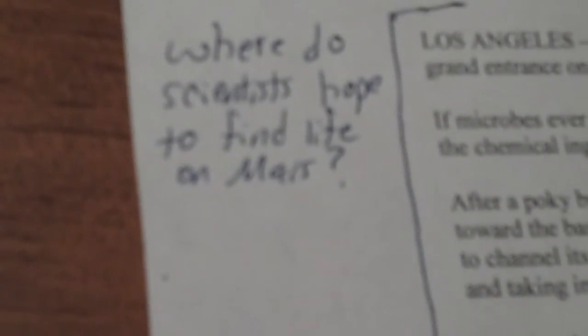So I might say something like, where do scientists hope to find, and how did they word it? Chemical ingredients that are fundamental to all living things. I might just say, where do scientists hope to find life on Mars? And that was the question that I wrote.